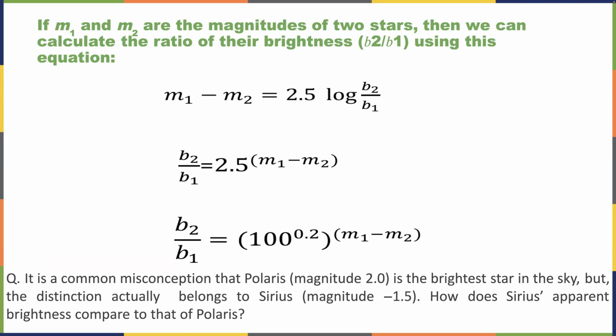B2 over B1 means basically the ratio of the brightness. Then you can also derive the expression for the brightness ratio in this way, B2 over B1 equal to this equation. By the way, there are other forms of this equation, and any of the forms will be okay as long as you use it in a proper way, right?